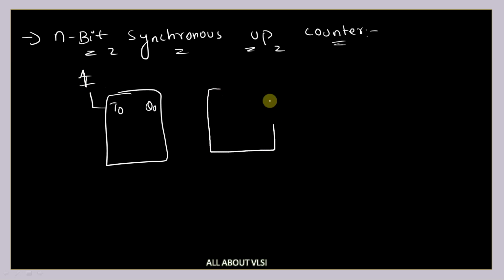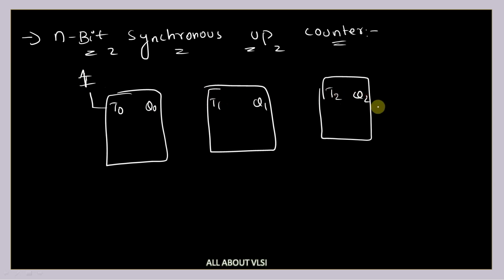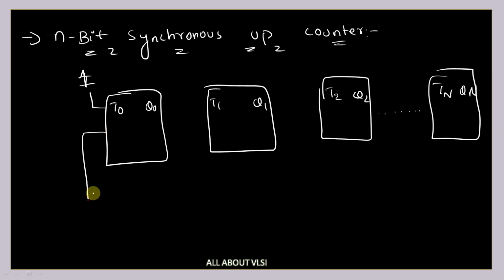And followed by this is the second flip-flop. This is T1 and Q1, and T2 and Q2, and so on, Tn and Qn. Every flip-flop is getting the same clock.